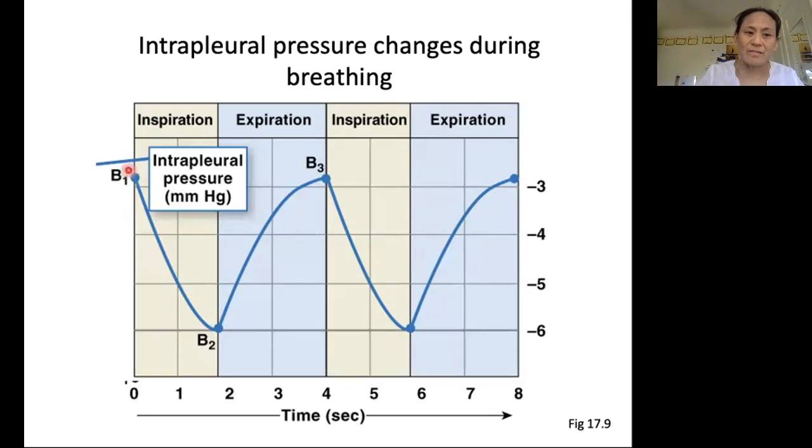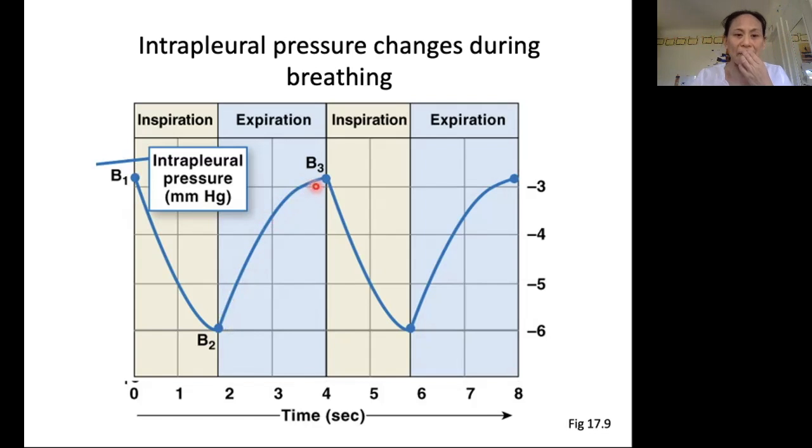And as a result, we have a fall in pressure in that space, okay? As we expire, the opposite happens, right? So we're collapsing our rib cage or bringing it in, okay? That's going to reduce the amount of outward pull on the pleura, and the intrapleural pressure will go back up, okay?